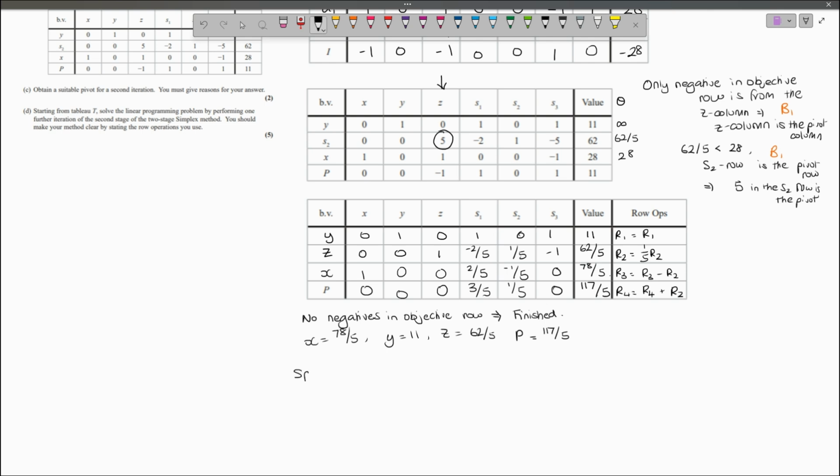So we spend 78/5 hours swimming, because x represents the number of hours swimming. So we spend 15.6 hours swimming, 11 hours cycling, and 12.4 hours running.